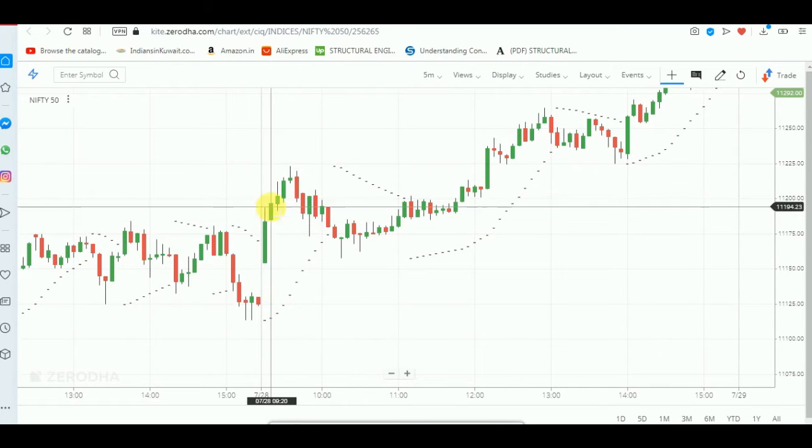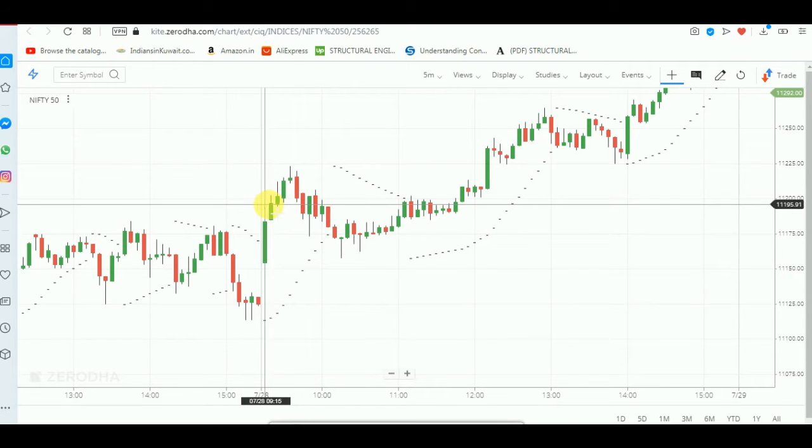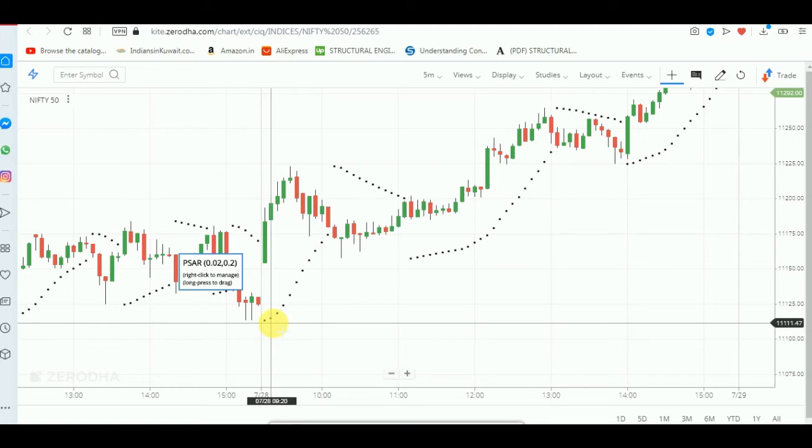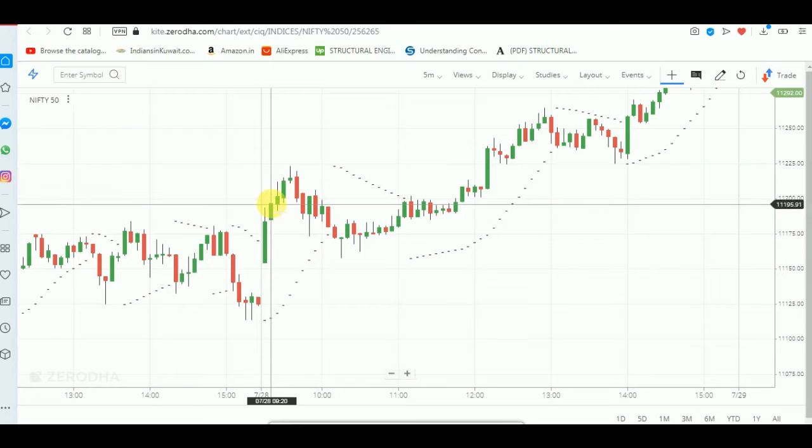So if we are placing an order after this candlestick, at this particular price like 11,195 somewhere, we immediately need to know the stop loss also. Based on this particular dot we can place the stop loss order.